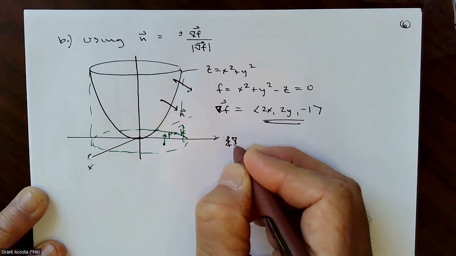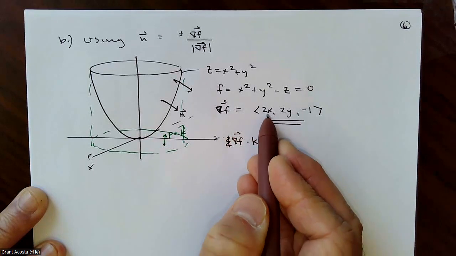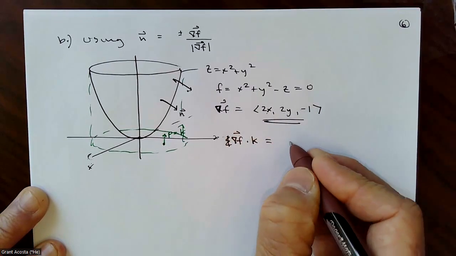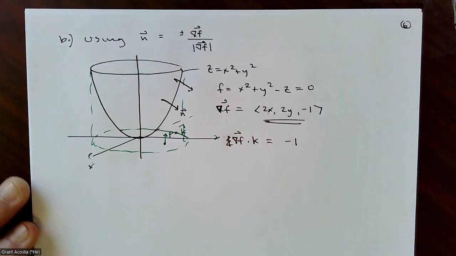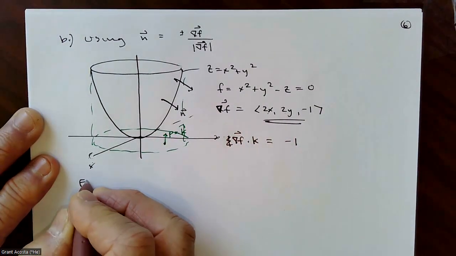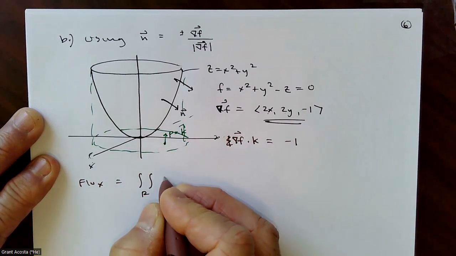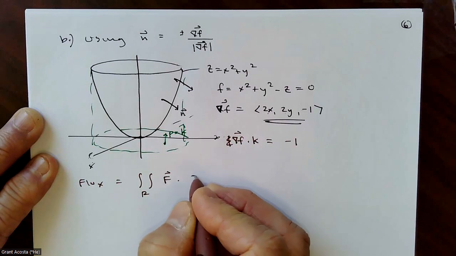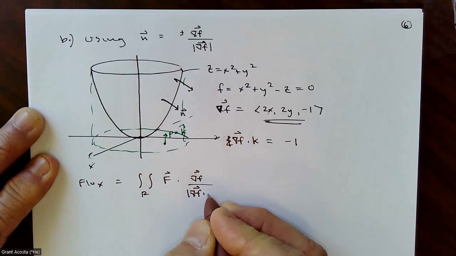Well, let's find the gradient dotted with K. Hopefully you can see that if you dot this with 0, 0, 1, you're just going to get -1. So then I would have for my flux F dotted with the gradient of f over the magnitude of the gradient dotted with P.